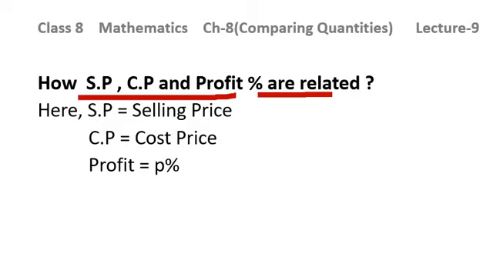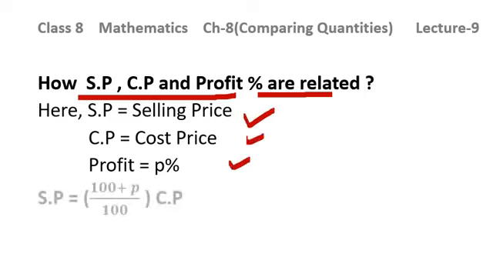So I am telling you the formula relating SP, CP and profit percentage. In terms of SP, you can write the formula as SP equals 100 plus profit percentage, whatever is given in the question, over 100 into CP.